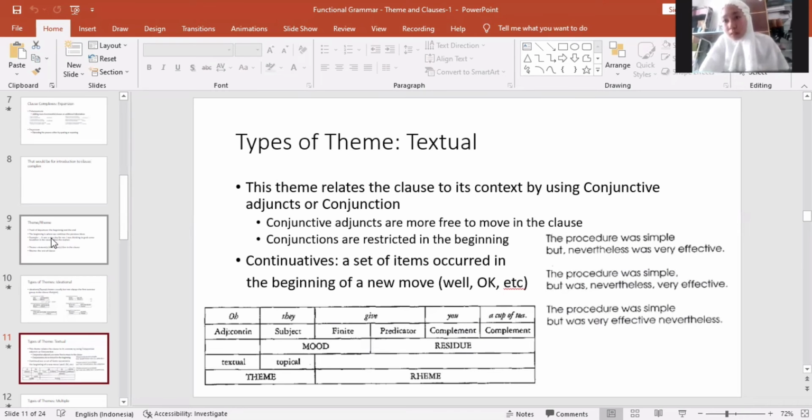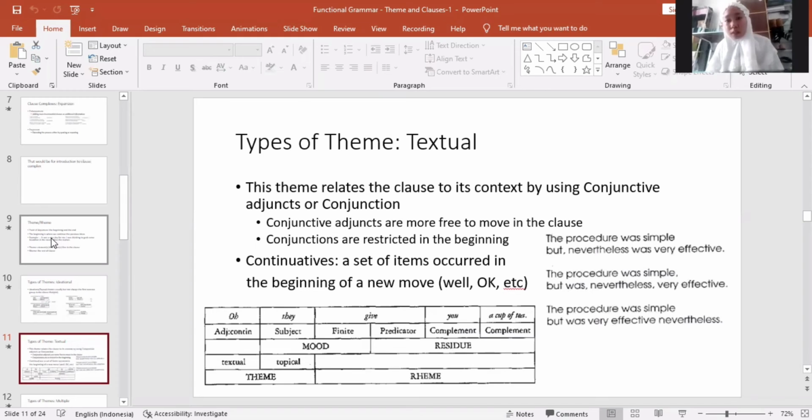For example: the procedure was simple, but nevertheless was very effective. And the second: conjunctive adjuncts are more free to move in the clause. The example is: the procedure was simple, but was nevertheless very effective. For the next, conjunctions are restricted to the beginning. For example: the procedure was simple but was very effective, nevertheless.